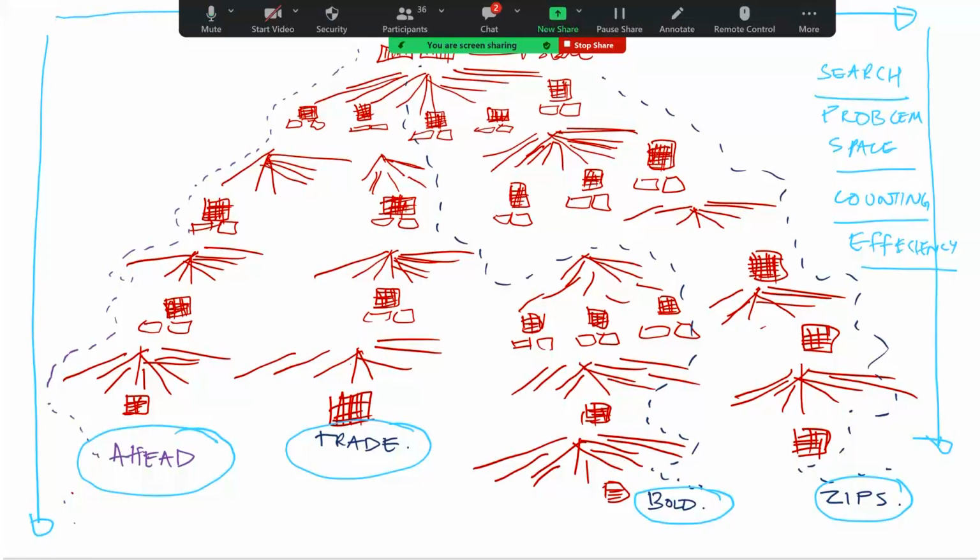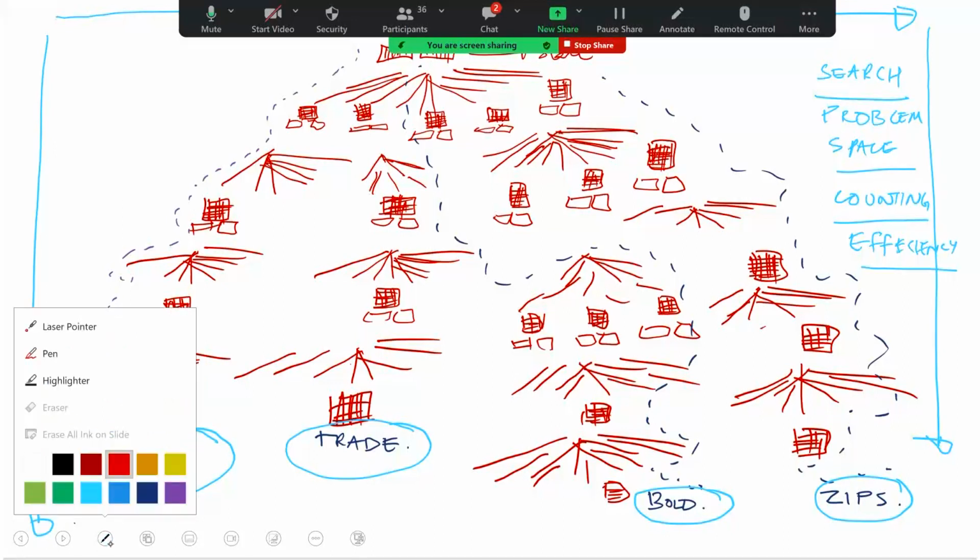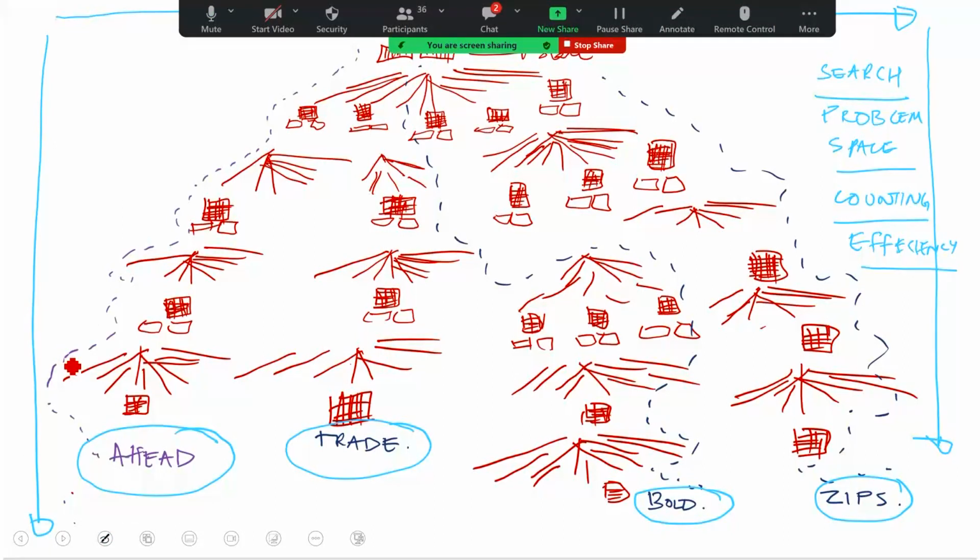Scrabble though is interesting. It's interesting in the sense that even though you're building this tree, even though you're calculating these moves way ahead in advance, you're actually not sure which direction the game will go because you don't know what is the exact set of tiles that will come up. So when we think in terms of this specific tree, the tiles that we are using here are tiles that haven't been drawn as yet.